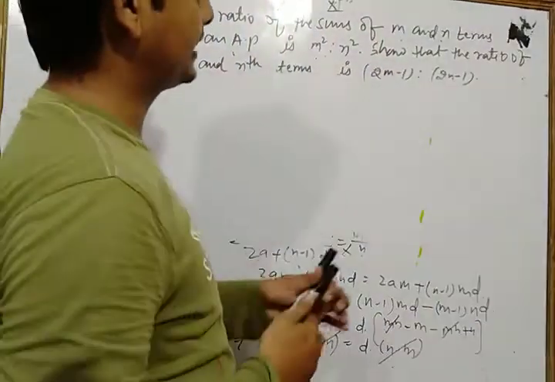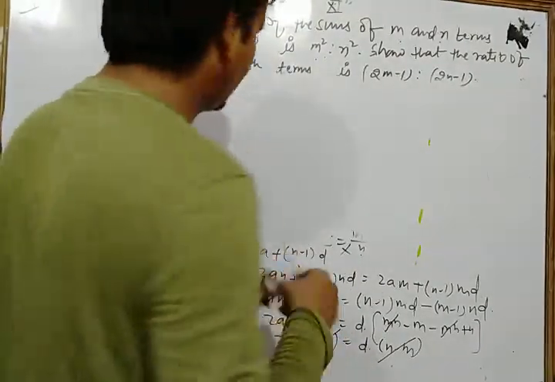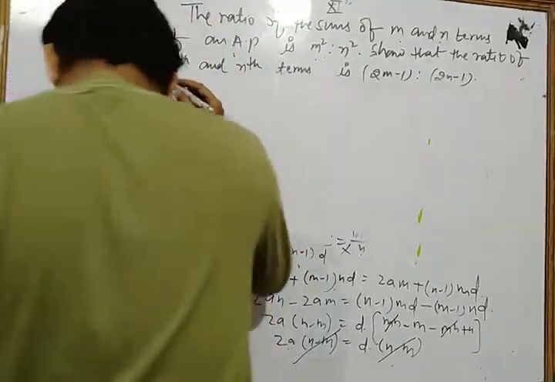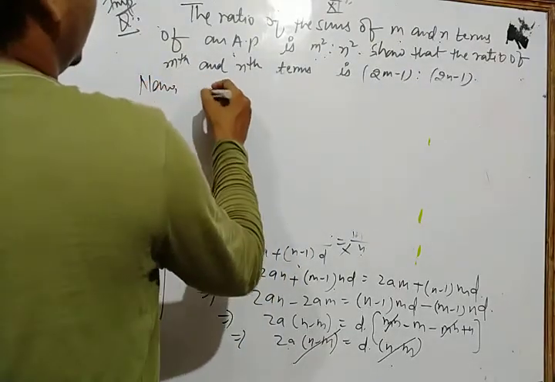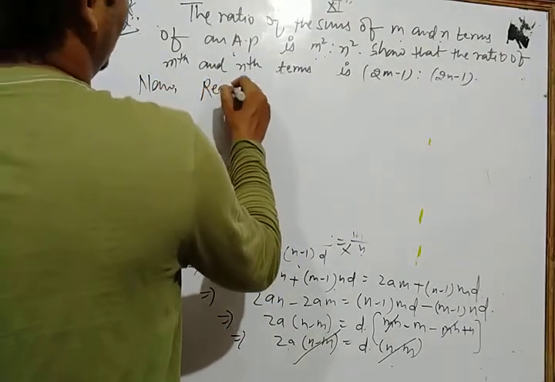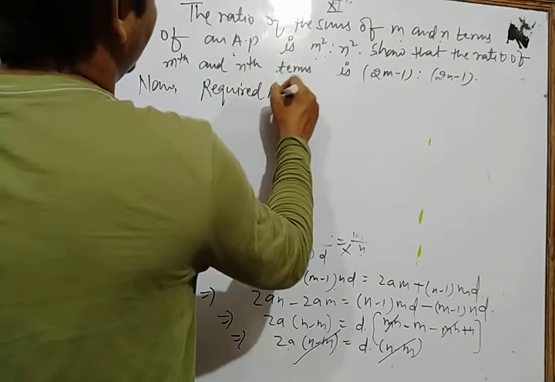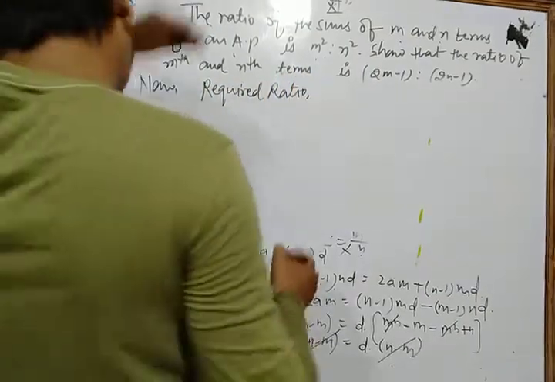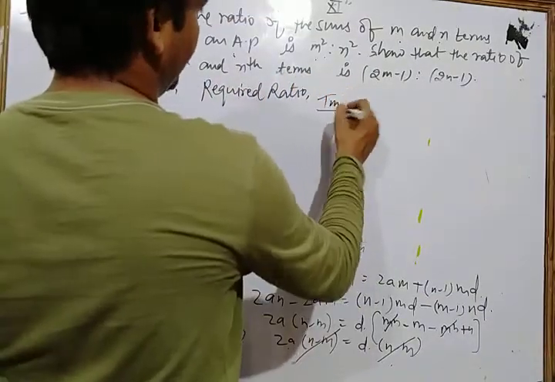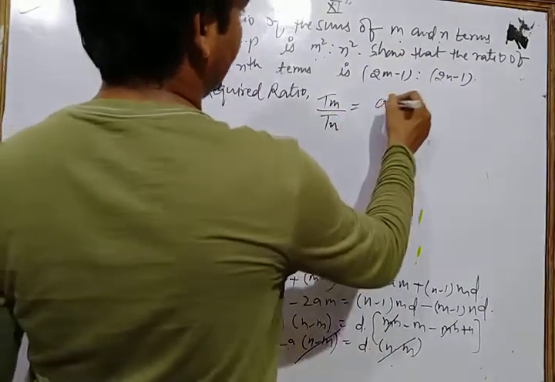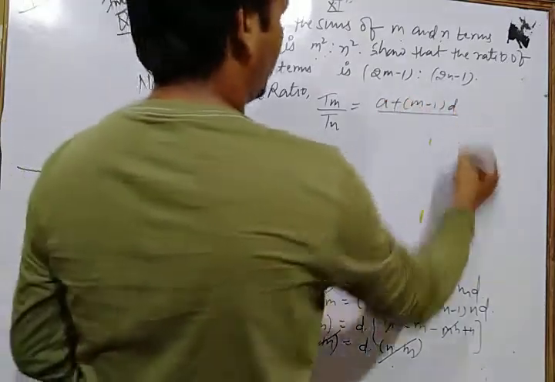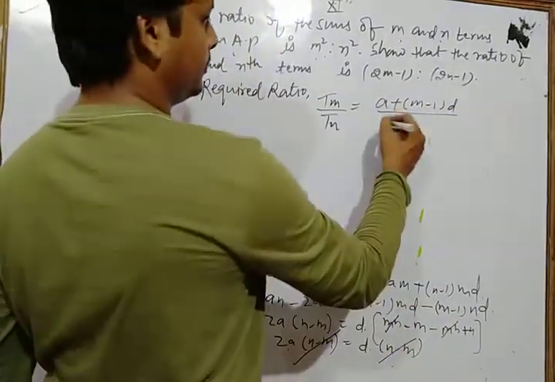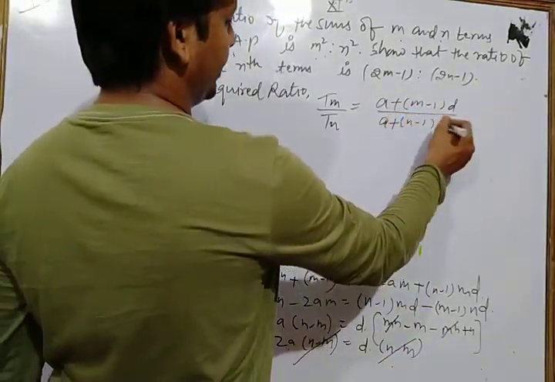The required ratio, that is mth term upon nth term, is a plus m minus 1 into d upon the nth term, which is a plus n minus 1 into d.